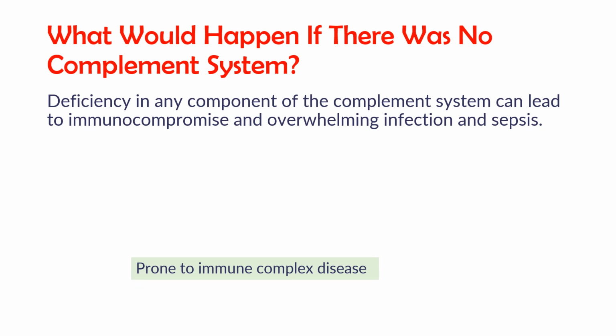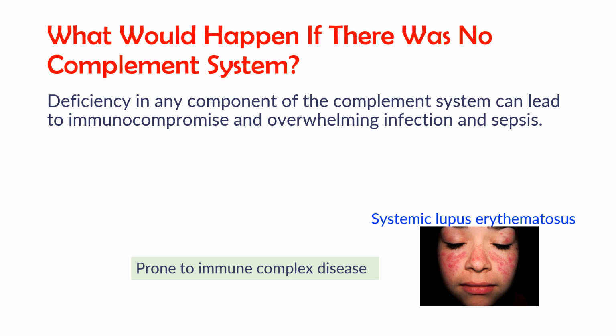Knowing the importance of the complement system in our body regarding immunity, we will be able to appreciate that if there is a deficiency of any component of the complement system, it can lead to immunocompromise and overwhelming infection and sepsis. One such example is systemic lupus erythematosus.